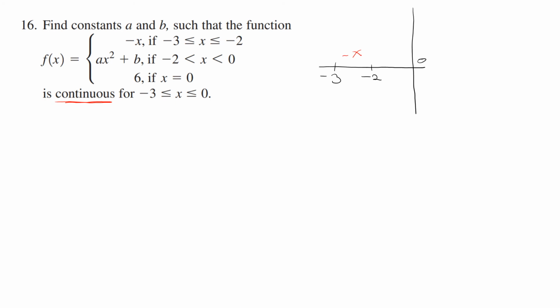So I'm just going to say -x includes these two, and then I'm going to represent the ax squared plus b in green, which is right over here, not including 0, and then 0 is represented by 6.